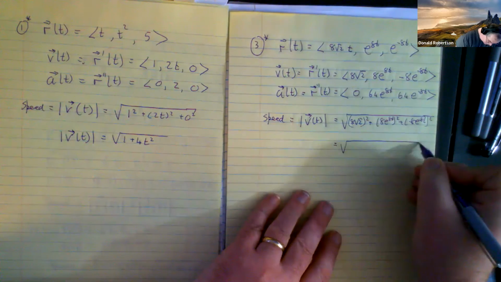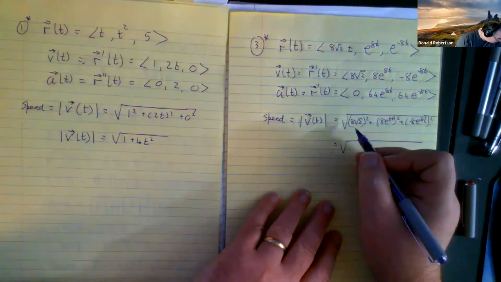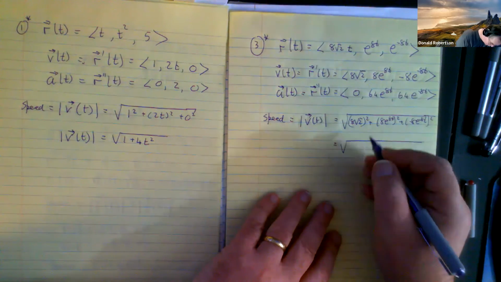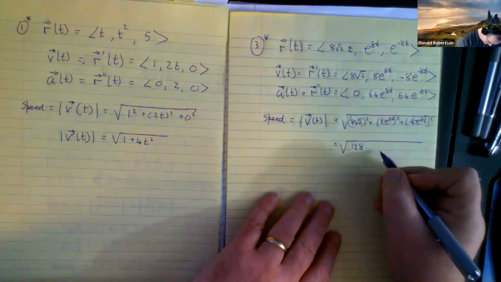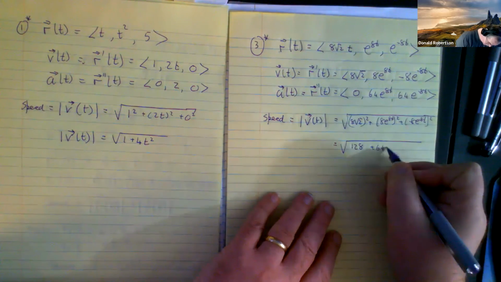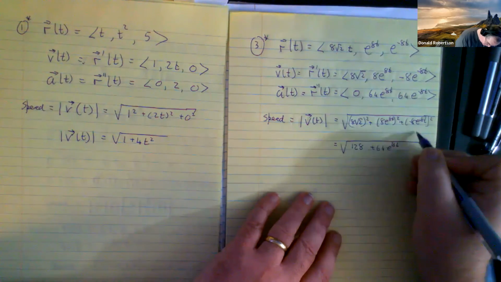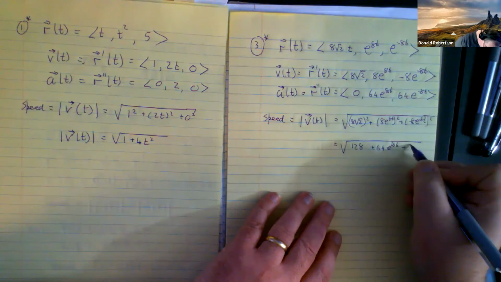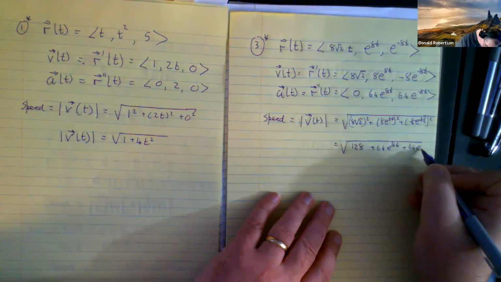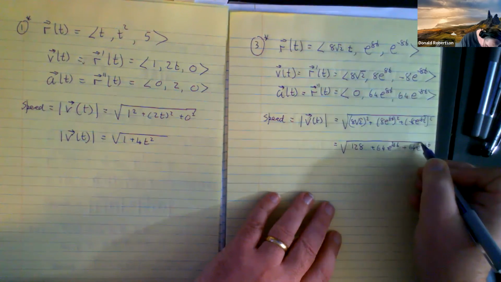And 8 root 2 times 8 root 2 is 64 times 2, so 128. 64 e to the 16t and 64 e to the negative 16t.